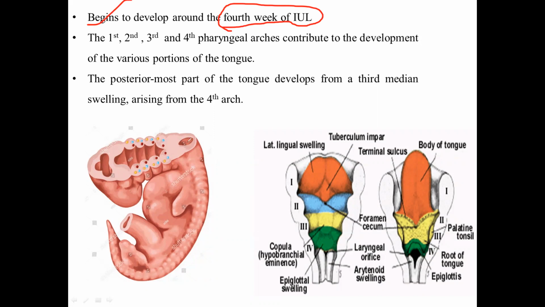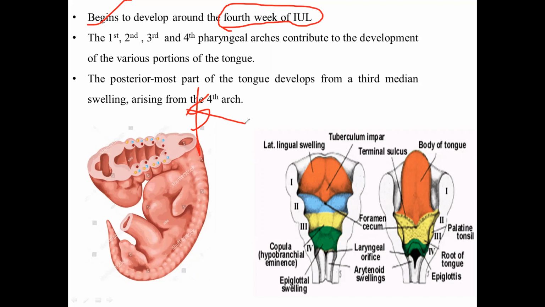What are those pharyngeal arches from where the tongue develops? I think you remember the pharyngeal arches: pharyngeal arch 1, pharyngeal arch 2, pharyngeal arch 3, pharyngeal arch 4, and pharyngeal arch 6, not 5, because the 5th pharyngeal arch is not present.